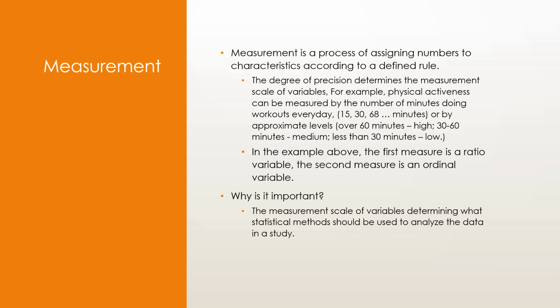Now, let's discuss measurement. Measurement is the process of assigning numbers to the characteristic you're capturing according to certain rules. The degree of precision in your measurement determines the measurement scale of a variable.